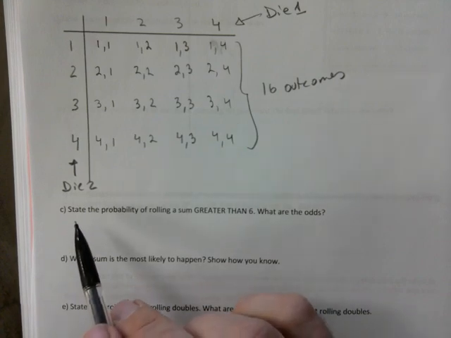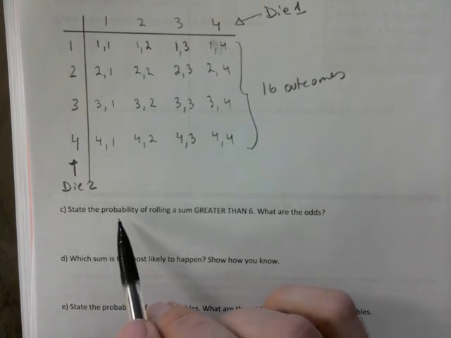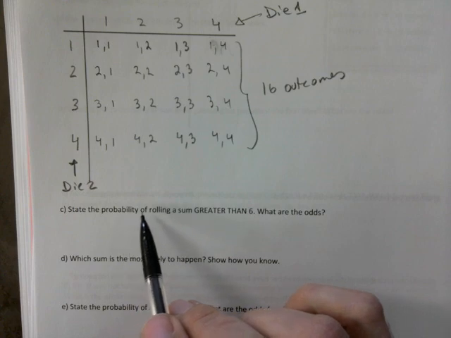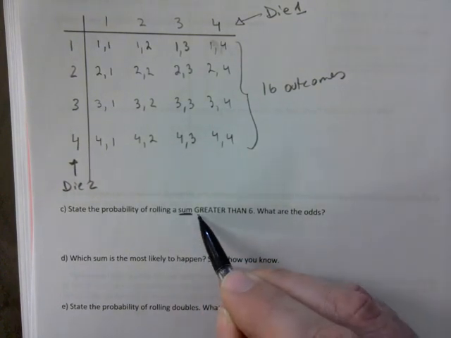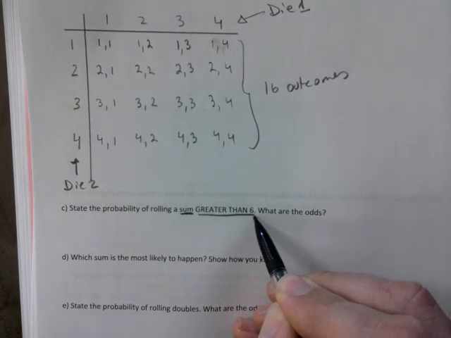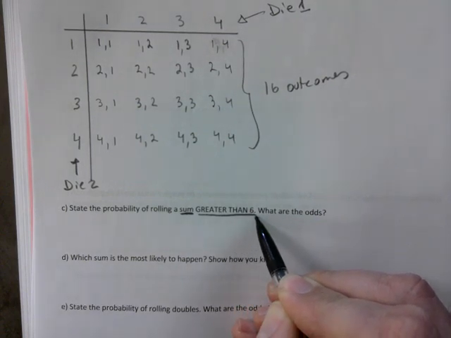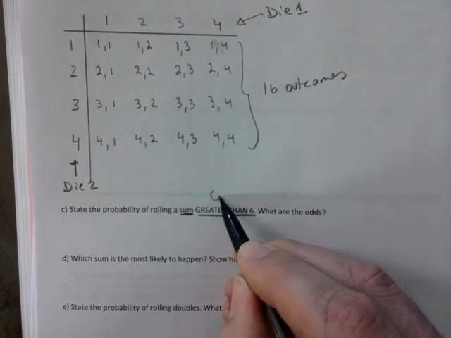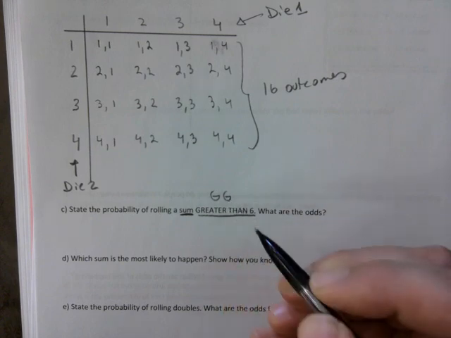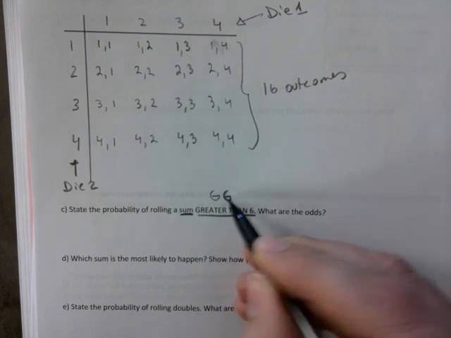Now, state the probability, guys. Probability of rolling a sum that is greater than 6. So a sum that's 7, 8, anything bigger than 6. I'm going to call this G6. Okay, G6.